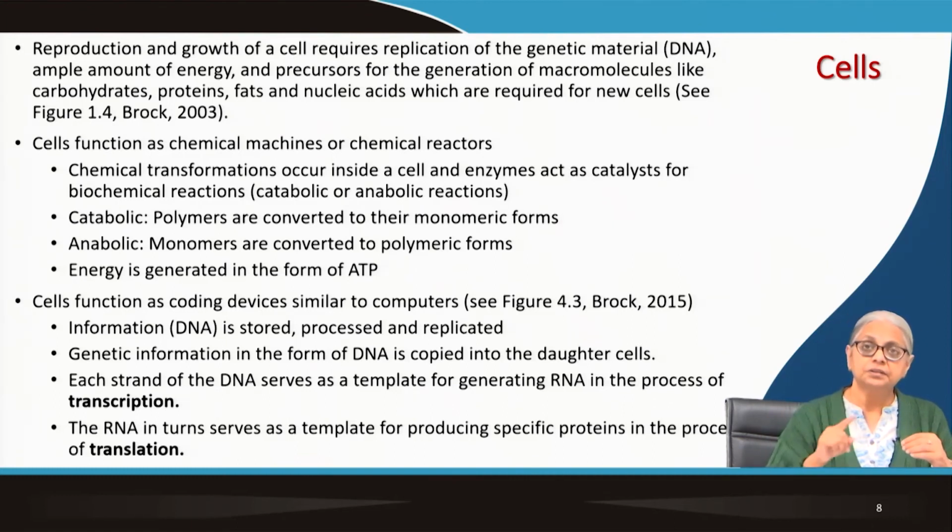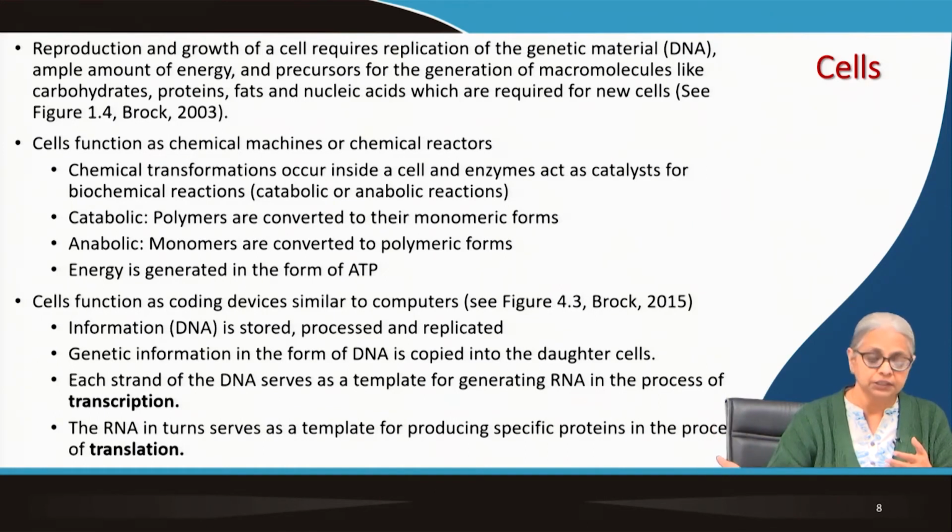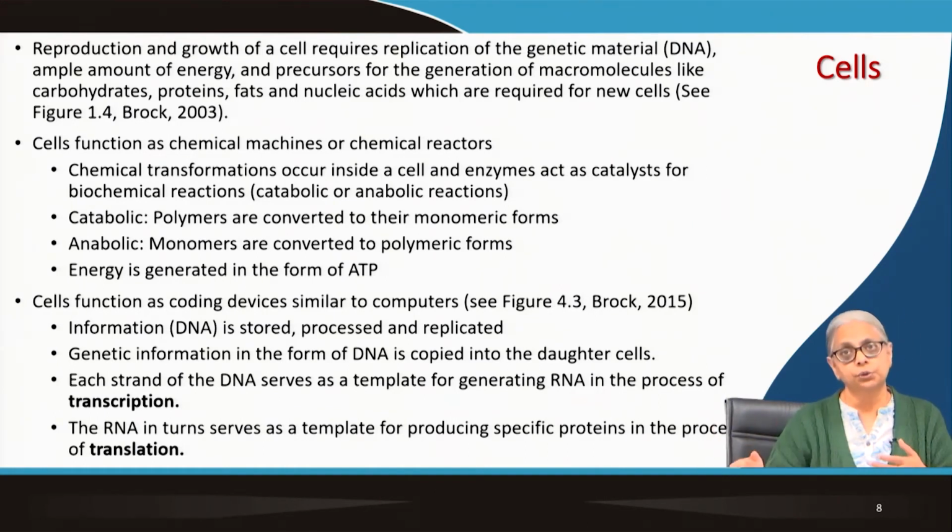This RNA is then going to serve as a template for producing specific proteins as well as enzymes, and that process is called translation. So we have the reproduction of the DNA, then the DNA goes to RNA in the process of transcription, and RNA goes to proteins in the process of translation.